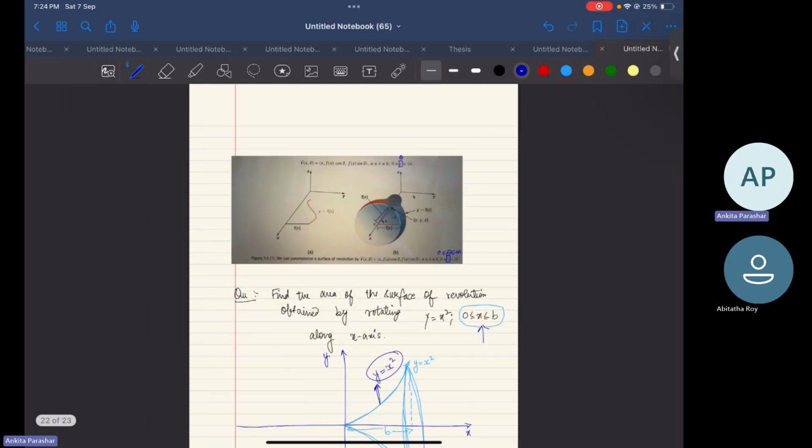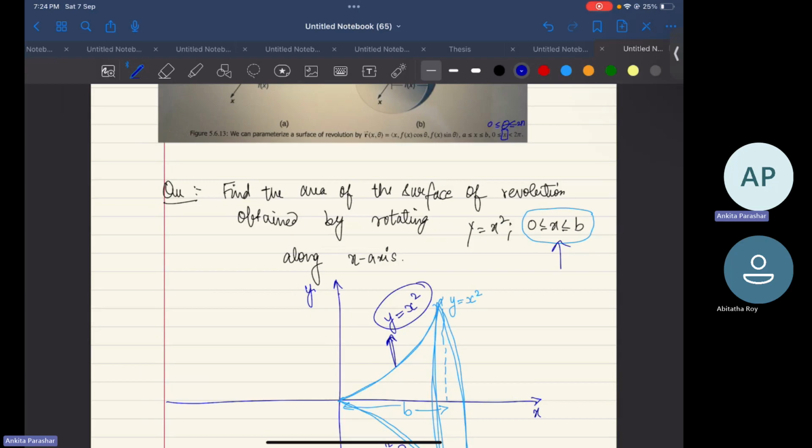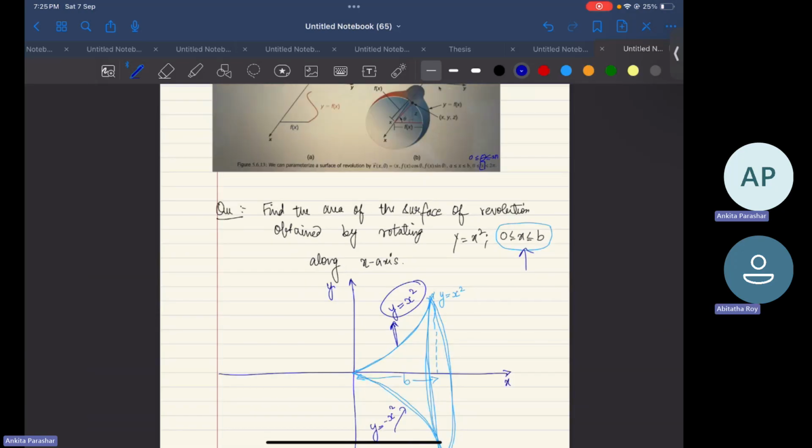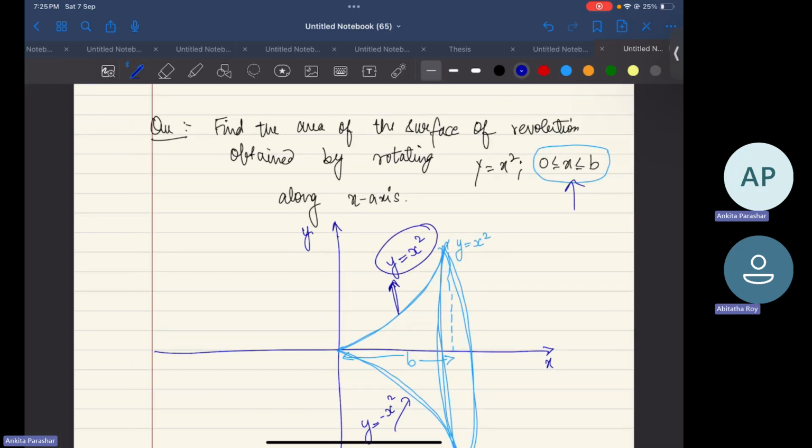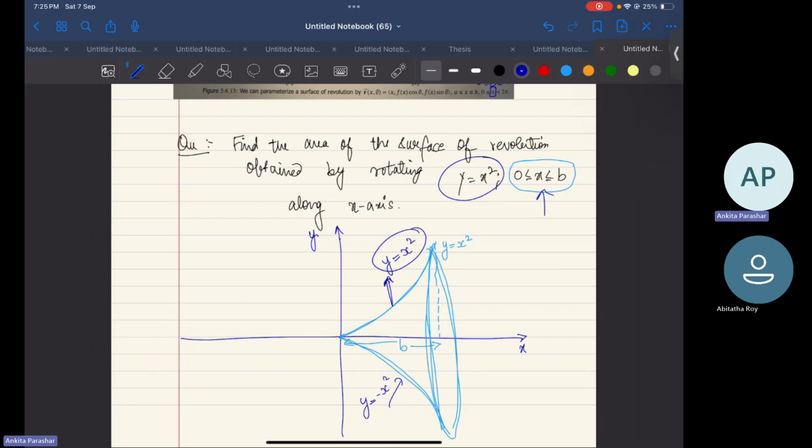Let me go back over what I have been doing. We have been finding the surface of revolution obtained by rotating a curve. That means we are integrating a function given by y equals x square over the surface obtained by revolving. Now I do not know what that surface is. The surface has been obtained by rotation, but I don't know how to write it.